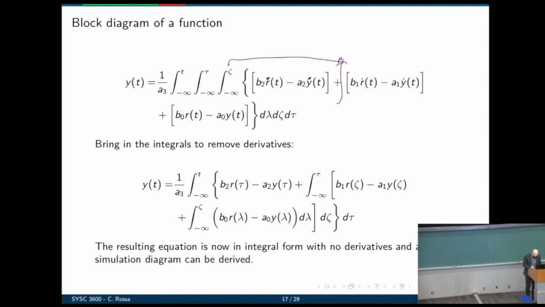If I move it 1 step over, now I'm moving it all the way past there and here, so it's going to come all the way there. Now this becomes dot, this is dot, and this is simply not dot and just not dot, and the last integral remains. We still have two integrals so far, and one derivative.